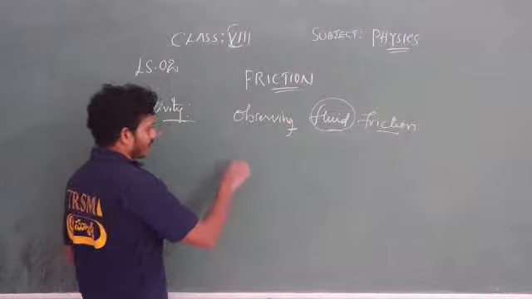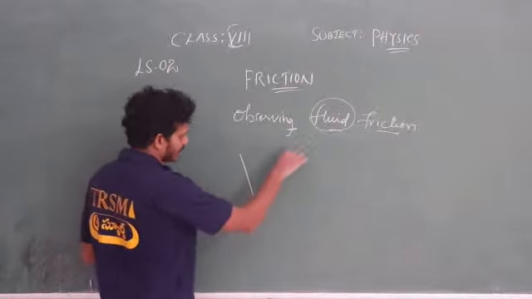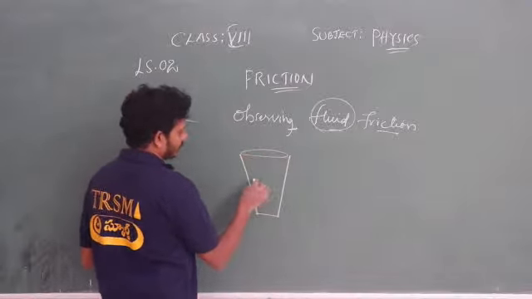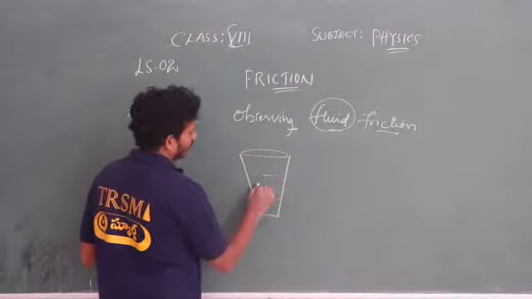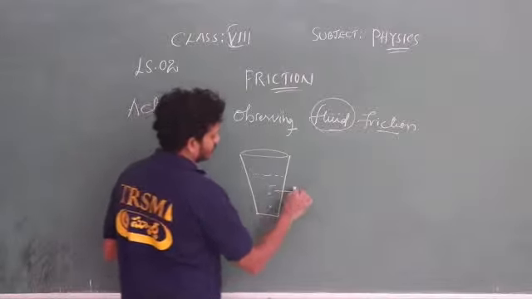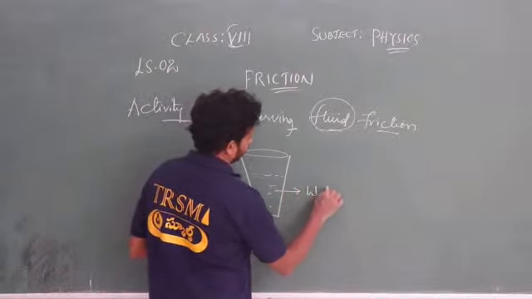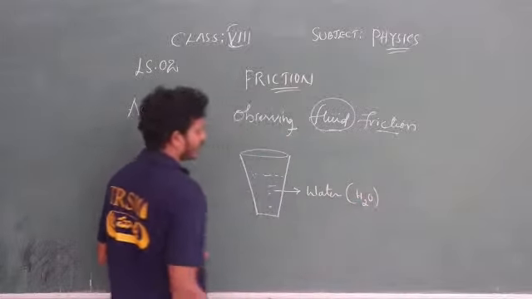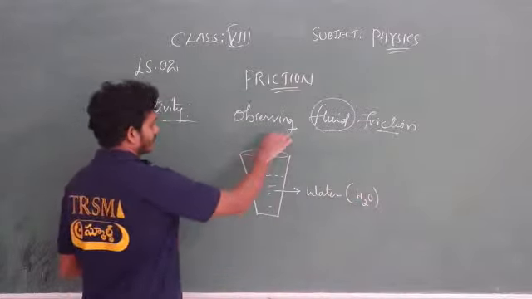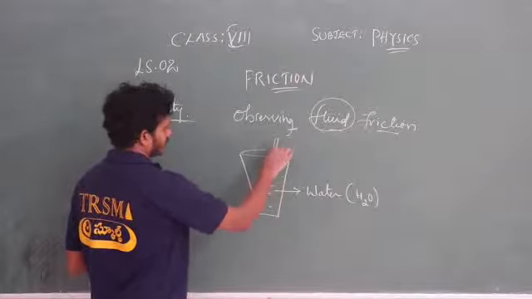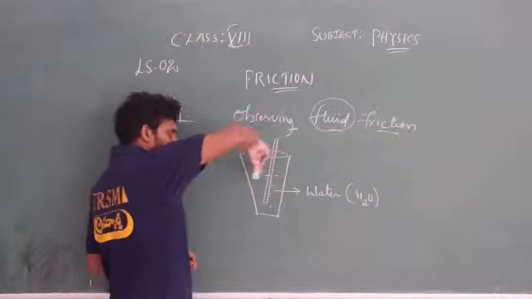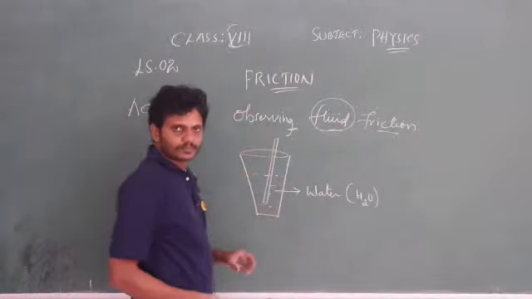Let's see, there is an activity for you. This is the glass I have taken. In this glass, I took some water up to here. This is the water, H2O, the molecular formula for water. Now taking a spoon or a stirrer, I swirl this water.